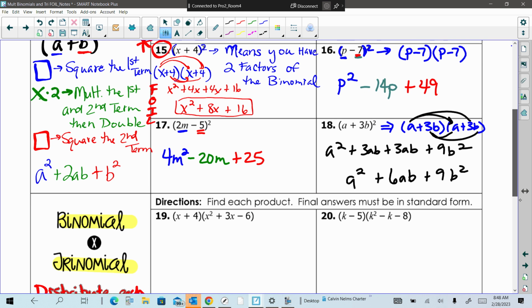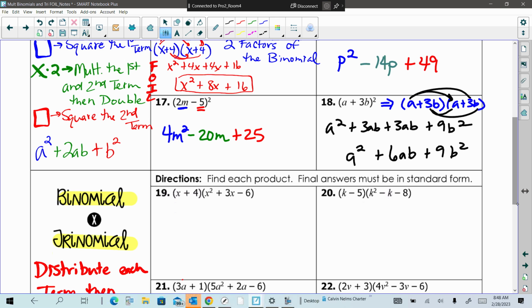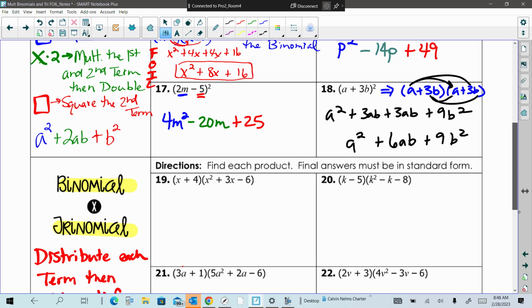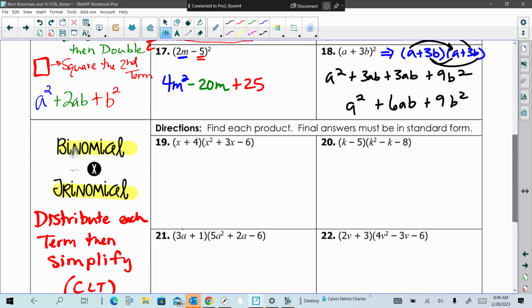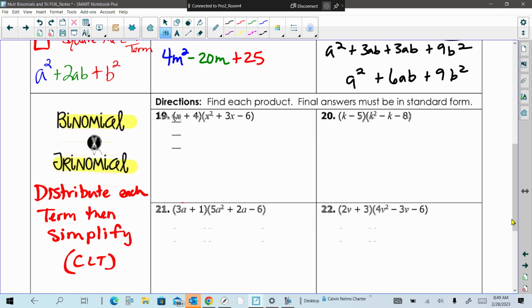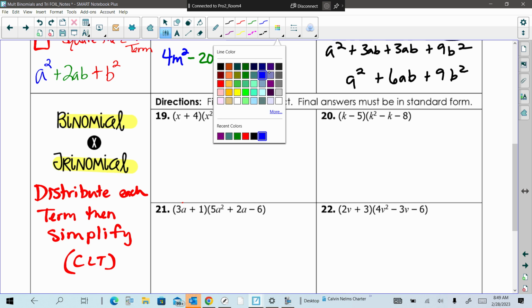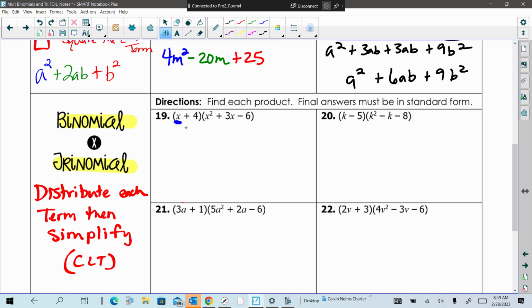All right, now a binomial times a trinomial. Okay, the last section, let me show it to you, means you're just going to distribute each term and combine like terms at the end. So you start with your first term, which is the x. Do this with me.